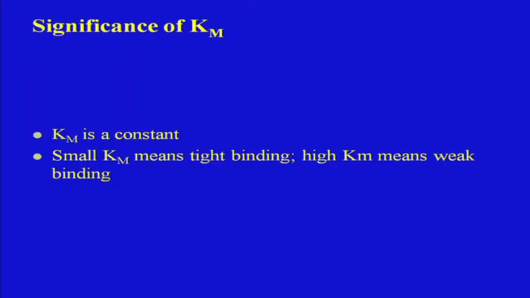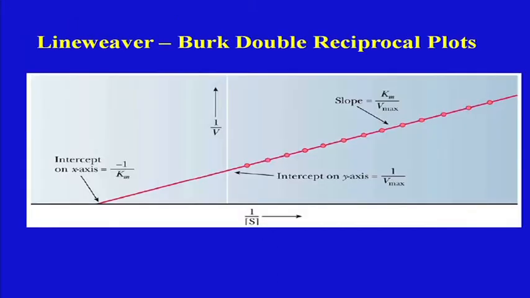What is the meaning of a small value of Km, and what is the meaning of a large value of Km? That means if you go back to this plot, how will this plot be affected?